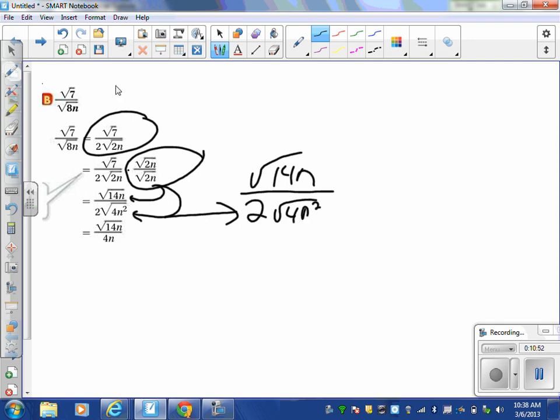So what's happening is square root of 14n is on top. The square root of 4 comes out, and you're left with 2 times 2, along with the square root of n squared being n.